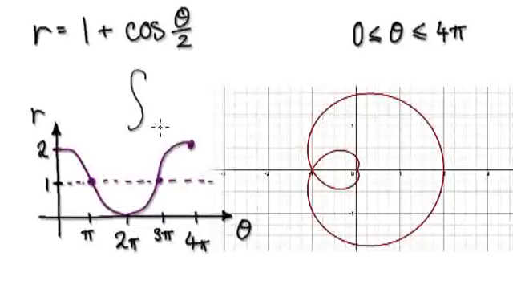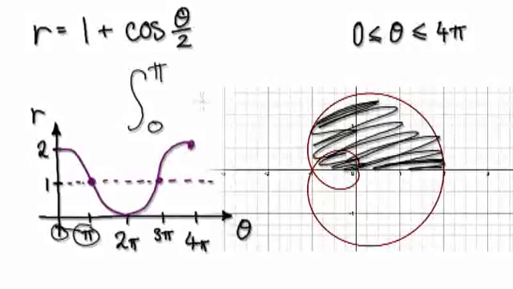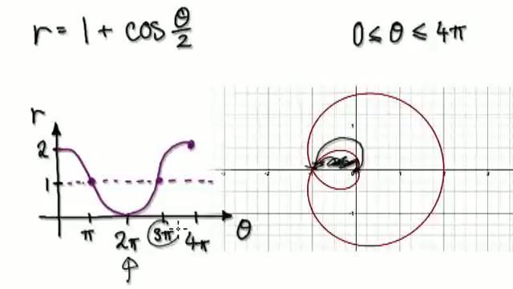So we are summing up everything from 0 to pi. So that's from 0 to pi here. That will then give us this whole area here. But then we need to take away, from the radius being 0, so that's this bit here, to 3 pi.